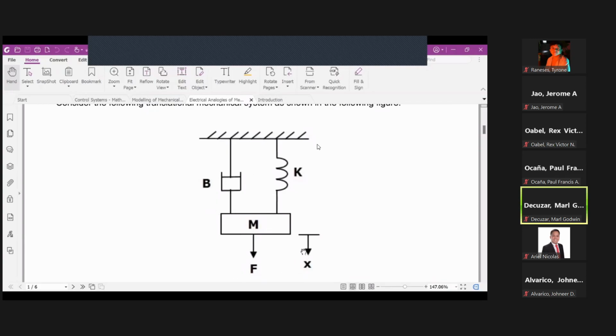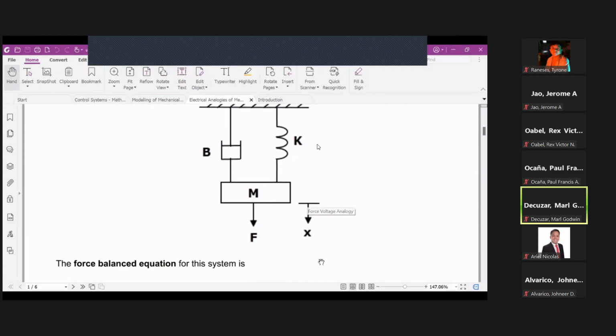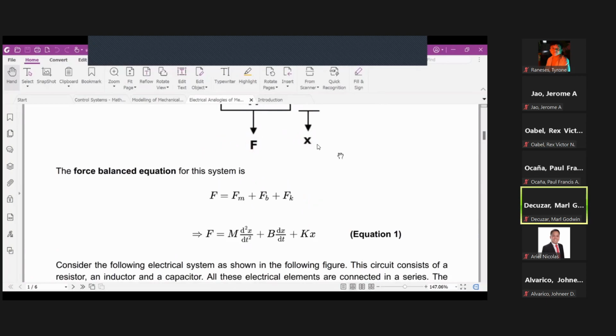There's a force acting on it having this displacement going downward. So writing a force balance equation of the system, the force acting on the system is equivalent to the summation of all the opposing forces of your elements. There's opposing force for your mass, for your damper, and for your spring.